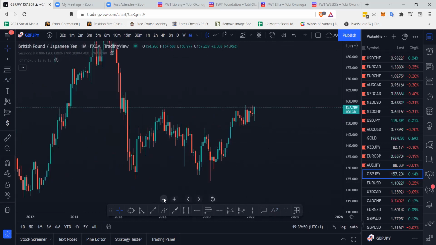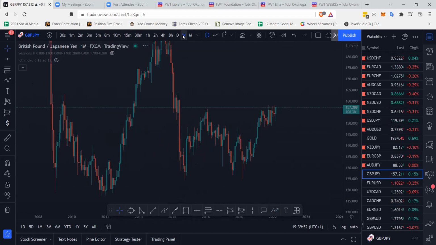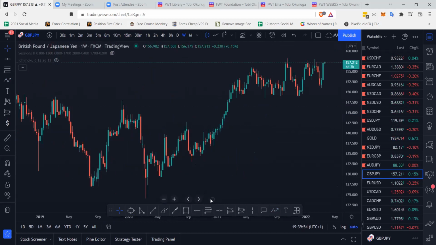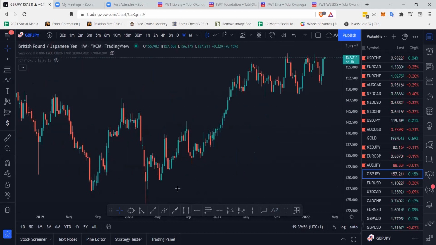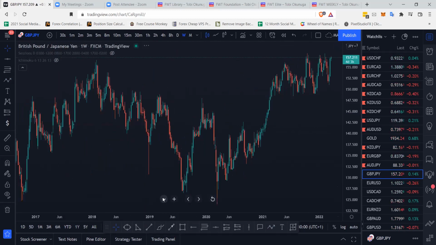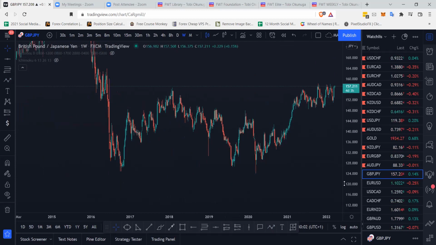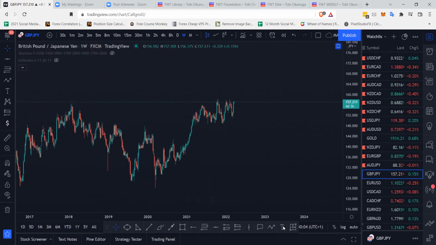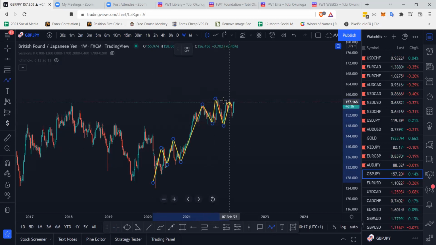Okay, let's check out what's going on the weekly. It's going to give us a better perspective. So we can see the uptrend vividly from here. Okay, and then we are seeing price struggling to break this zone here.